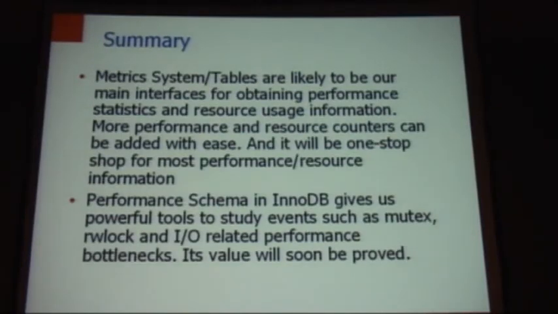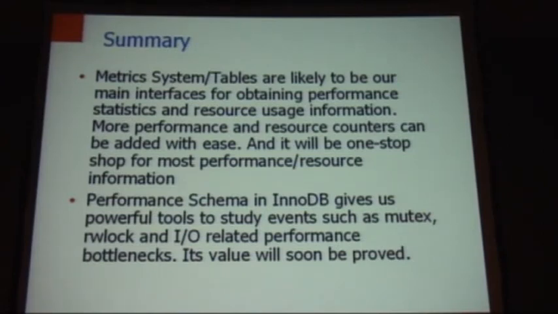So summary. Those are the information we're going to talk about today. The metrics system table is likely to be our main interface for obtaining performance statistics and resource usage information. And in probably the next release, the 5.6 release, this metrics system will be there.